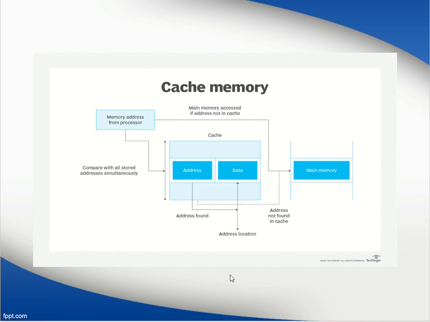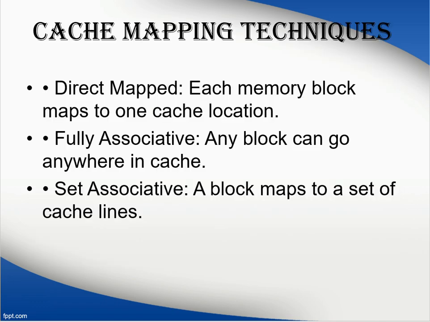So let's move on to the cache memory mapping. So the caching configuration continues to evolve, but cache memory traditionally works under three different configurations.